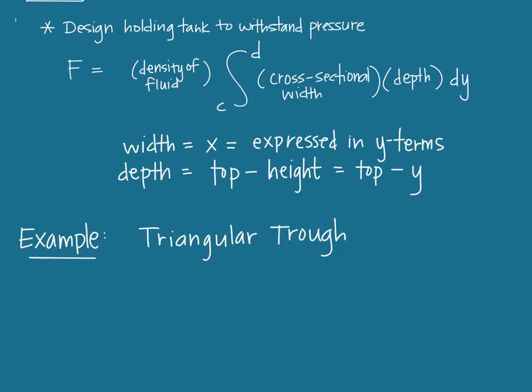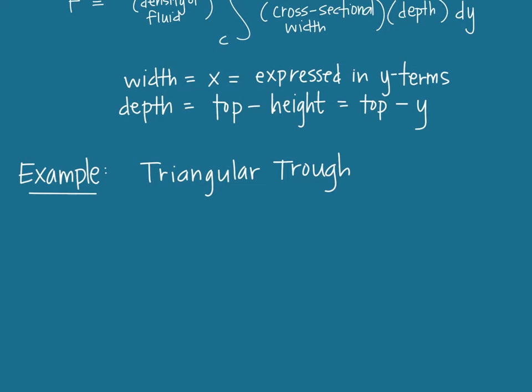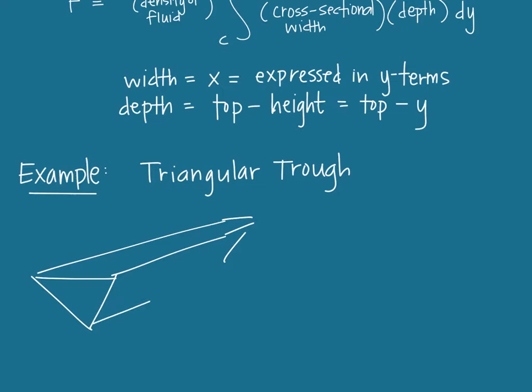I love the word trough. Looks awesome. Okay, this is something like an animal would drink out of. Okay, so it's a triangle here, but then it goes back like this. Okay, and that's filled with water or fluid. Let's fill it with water.